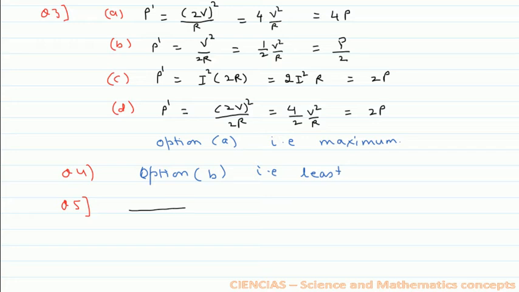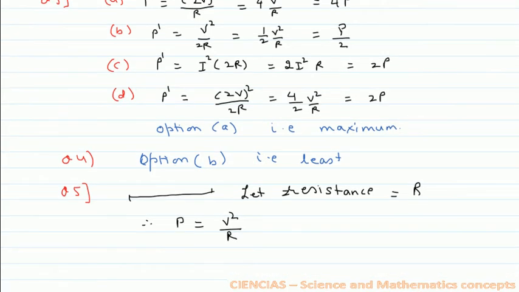For the complete length of wire, let resistance be equal to R. Therefore, power will be equal to V square by R. Now the wire is cut into two equal parts.